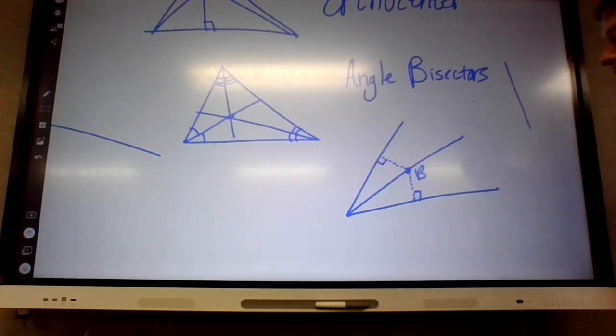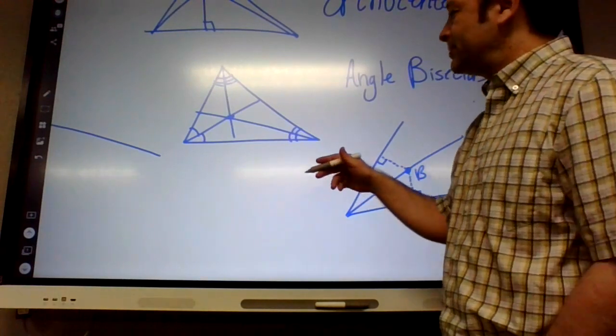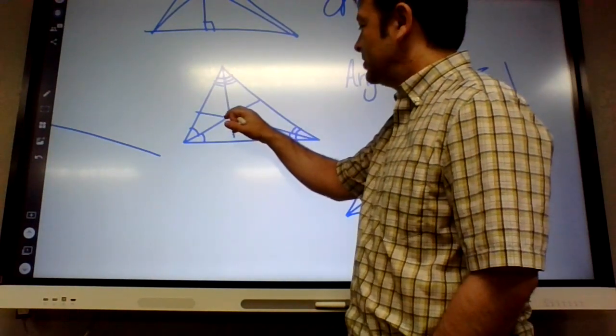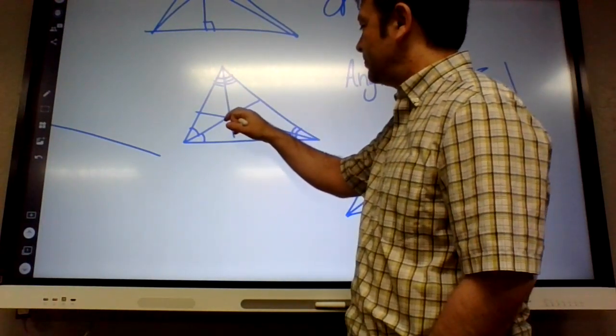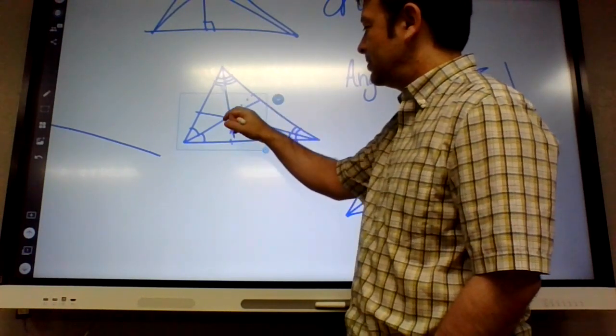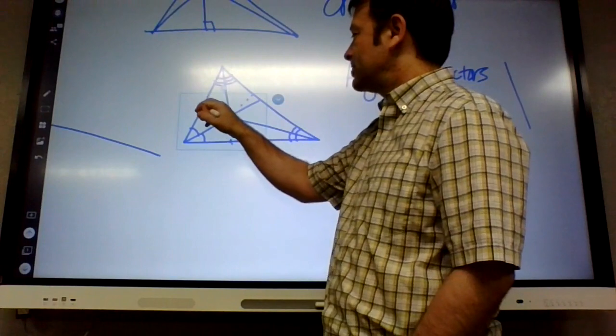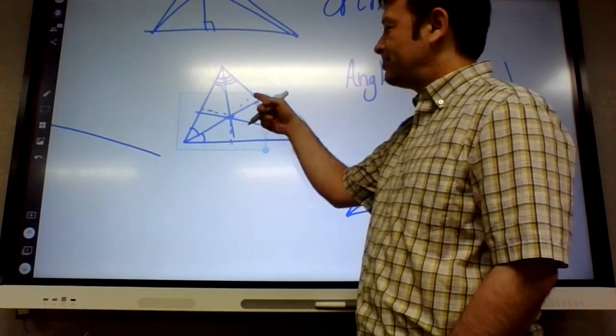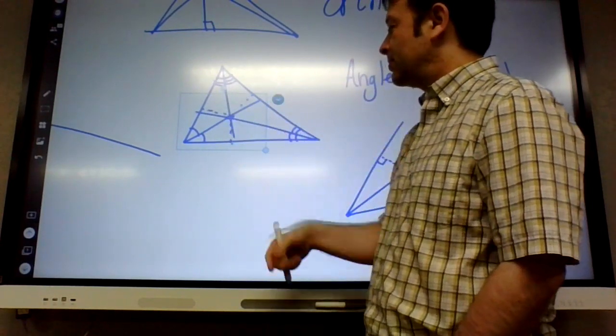That's the shortest distance. So the distance from this point to here is the same as here, and that's the same as here also. So the distance from these points to the edges are the same.